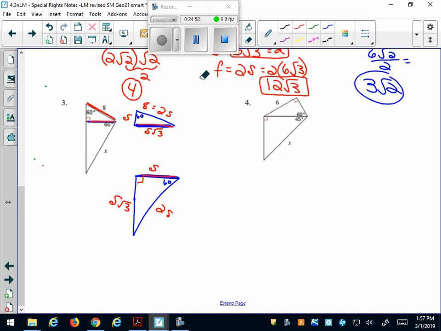So that means 2S equals 8, so S equals 4. So if S equals 4, then what's this side equal? 4 root 3. Now, what we need to do is transfer that down to the other triangle. Now, this side is 4 root 3. That's our S. You see what happened there?